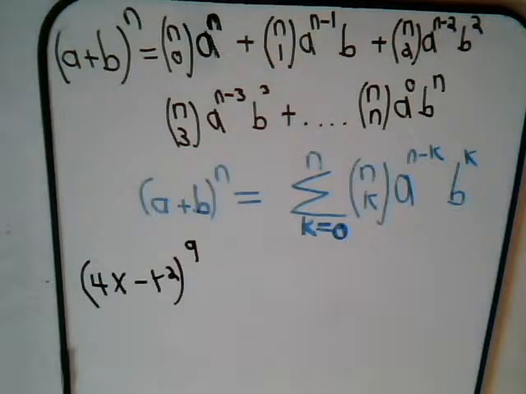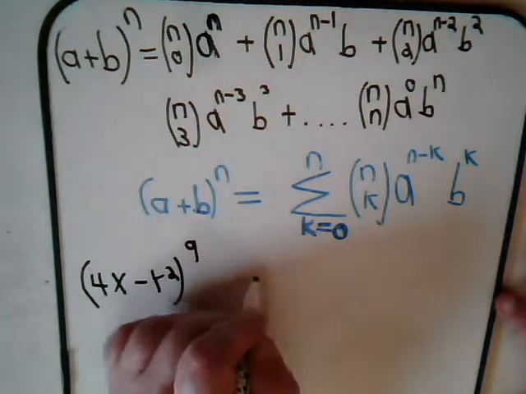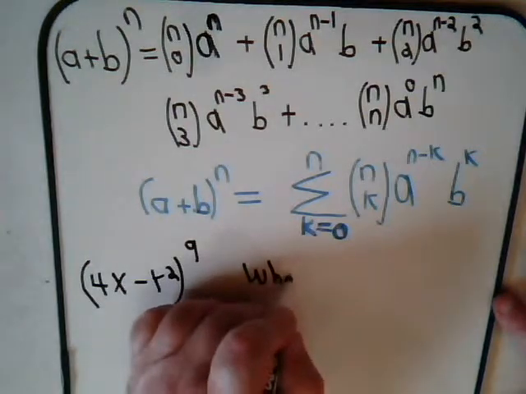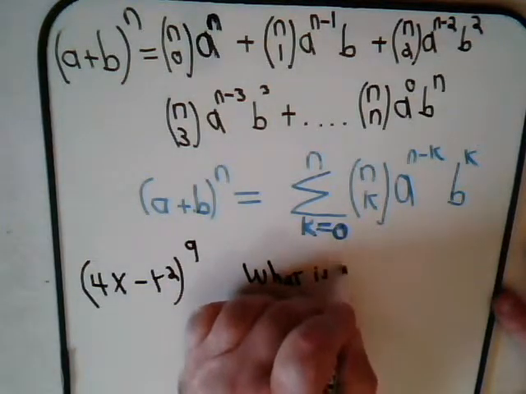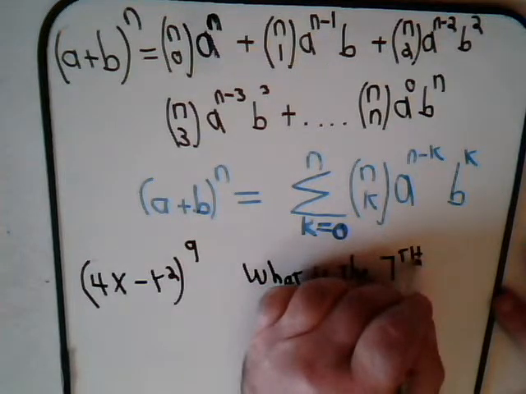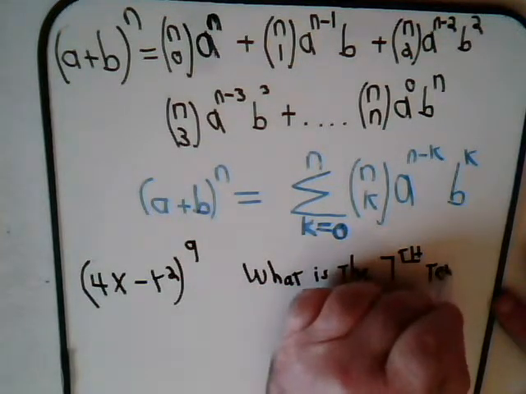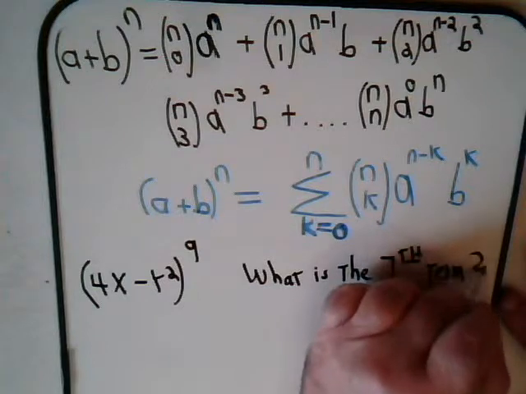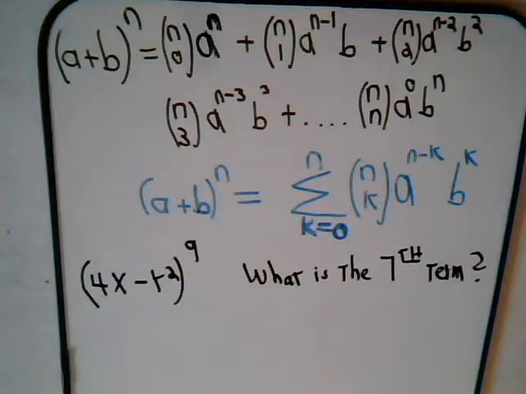Suppose that we want to know this question: what is, say, the 7th term, if we were to multiply this out 9 times?